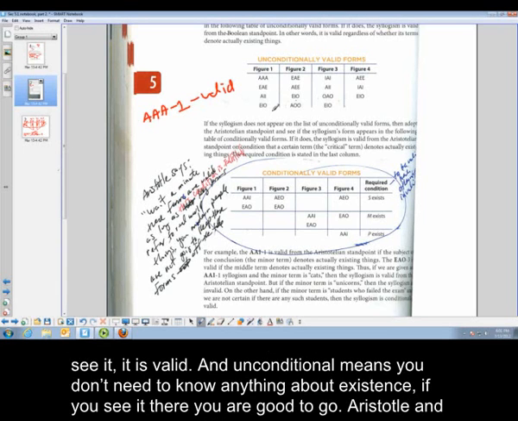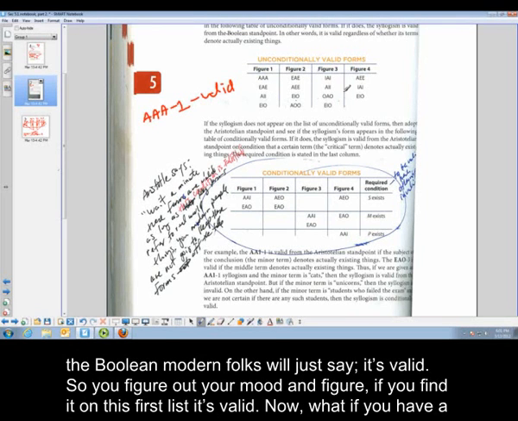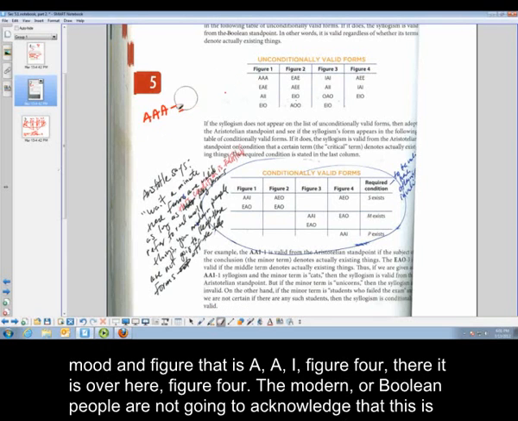And unconditional means you don't need to know anything about existence. If you see it there, you are good to go. Aristotle and the Boolean or modern folks will just say it's valid. Okay? So you figure out your mood and figure. If you find it on this first list, it's valid. Now, what if you have a mood and figure? Let's erase that one.